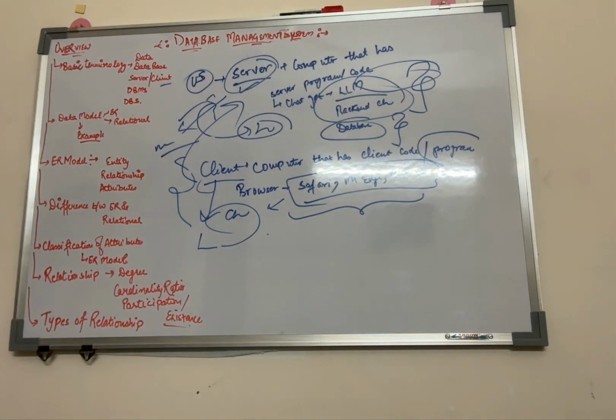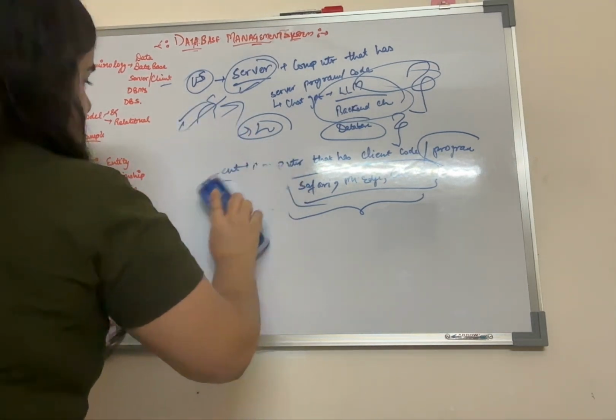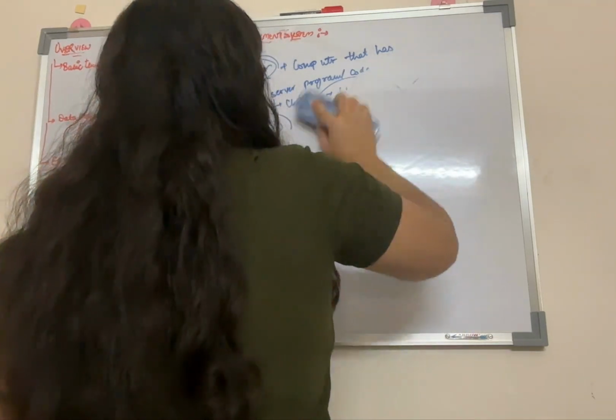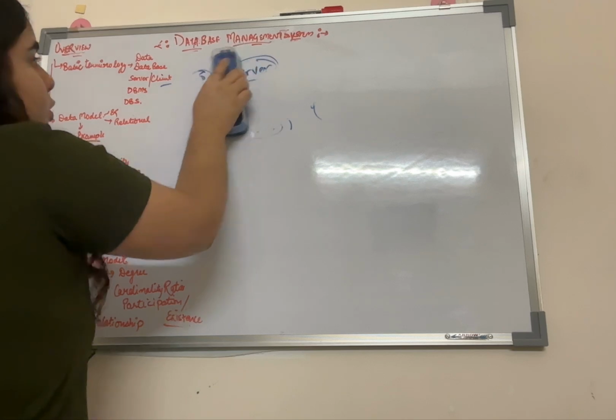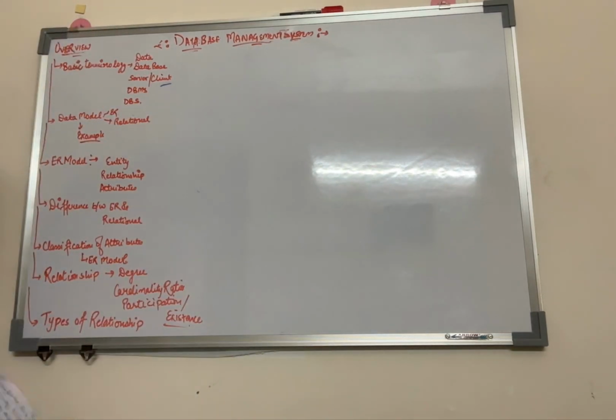Now, coming to the next, what is a database management system? To manage this data, and then retrieve the data, create the data, update the data, you need code. Because your data will be stored in your hard disk.